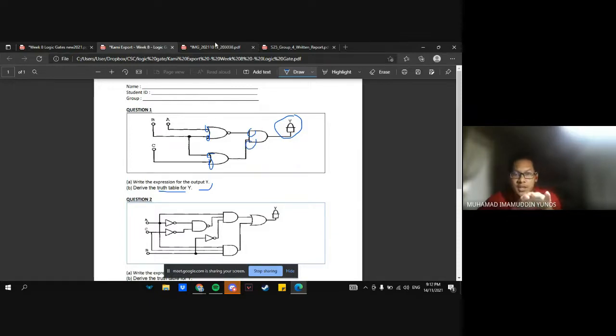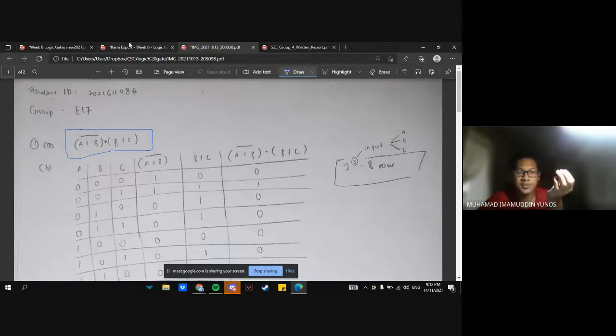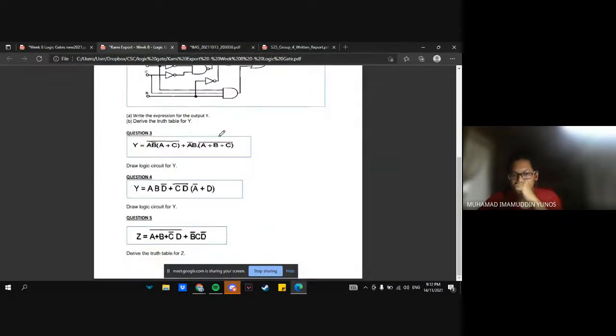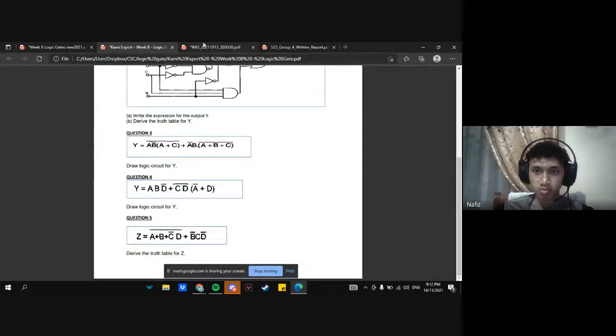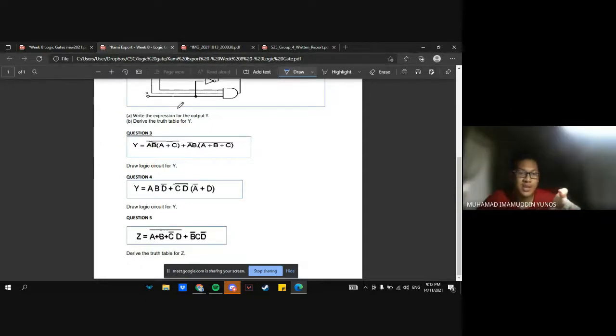From the circuit, we can make an algebra expression. And some of the questions also give us the Boolean expression or Boolean algebra, and then they ask us to draw a logic circuit.